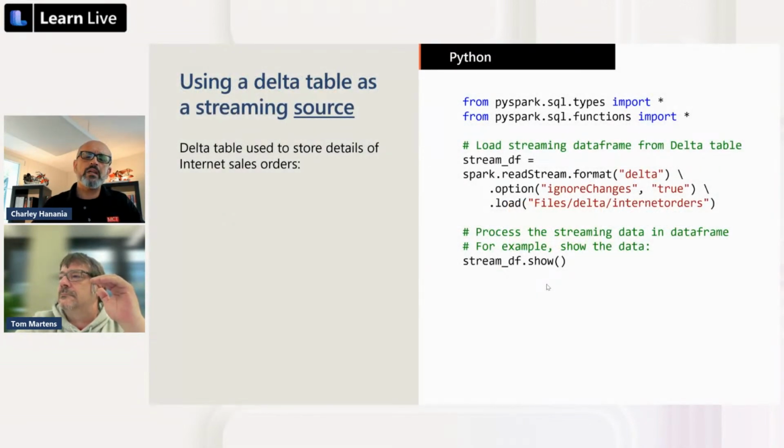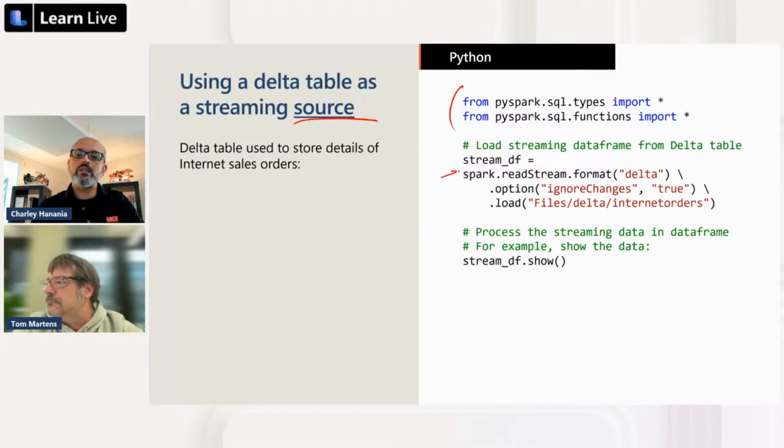The code that we use for delta tables for streaming sources is basically the same sort of thing, which again, Tom will go through. We first import those libraries, we set a data frame, and within that data frame, we say we're going to be reading a stream, a Spark stream, and it's in delta format. We say that we're going to ignore any changes, and this is the location that we're getting it from.